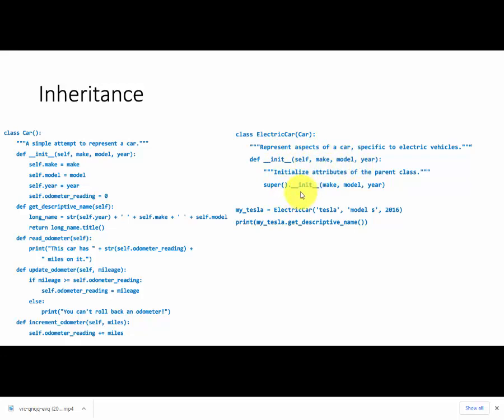Then super is the method that we use here, super.init. It will initialize the attributes of the parent class. Now you create the instance of this electric car, then pass the arguments: the make of the car, model of the car, and the year of the car. If you want to access the descriptive name or the odometer reading or increment odometer, it's up to the user, they can call any methods now.